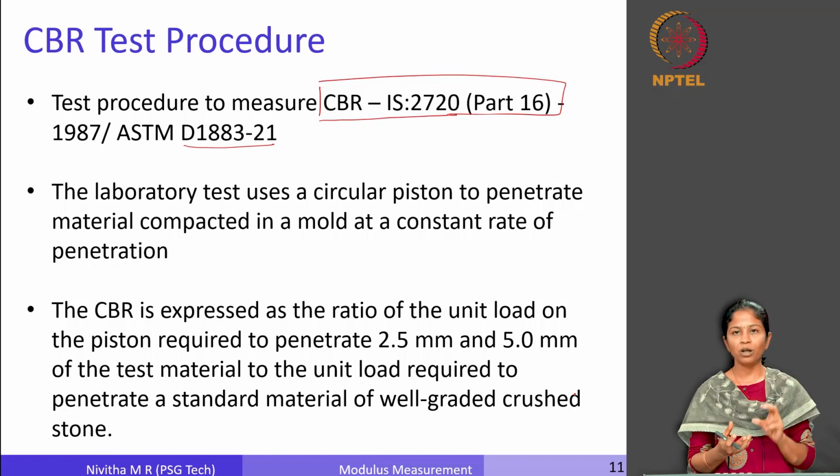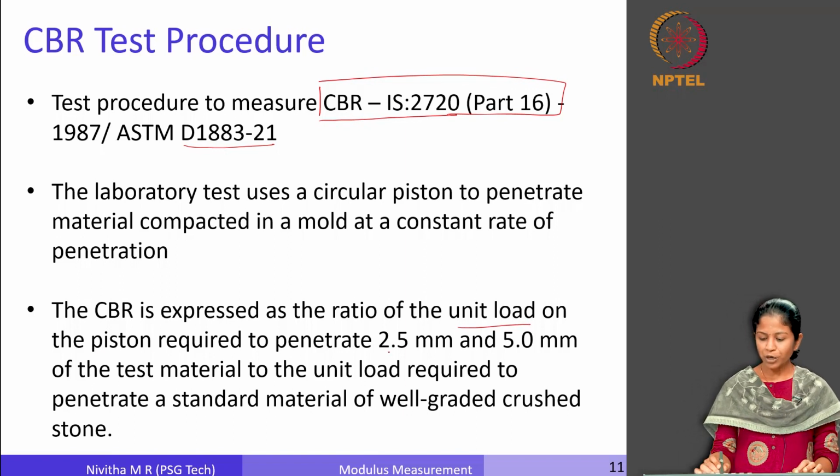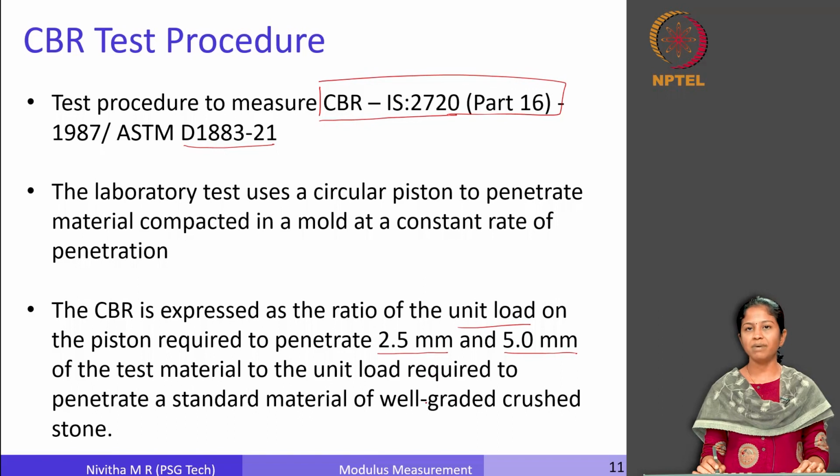So depending upon the load required, the strength of the soil is quantified. So this CBR is expressed as the ratio of unit load on the piston required to penetrate 2.5 mm and 5 mm of the test material to the unit load required to penetrate a standard material of well graded crushed stone. So this is how the CBR is defined.